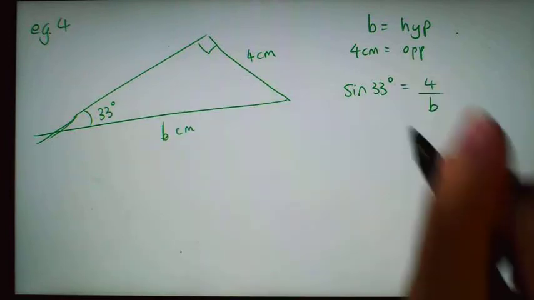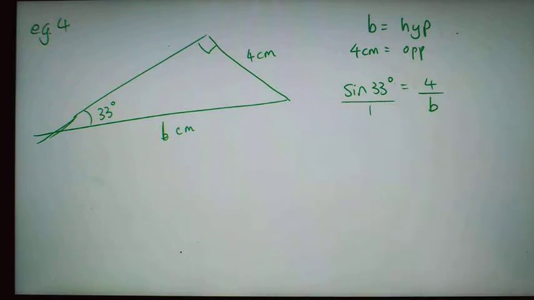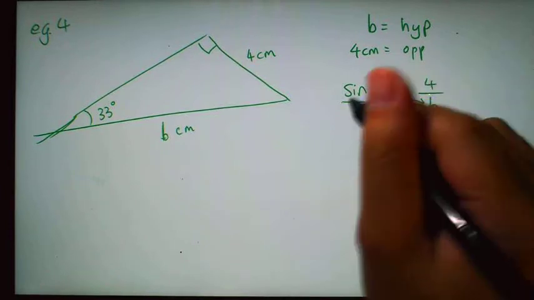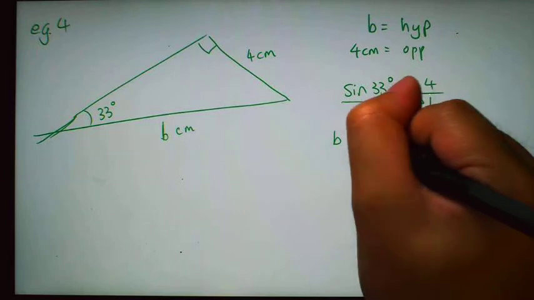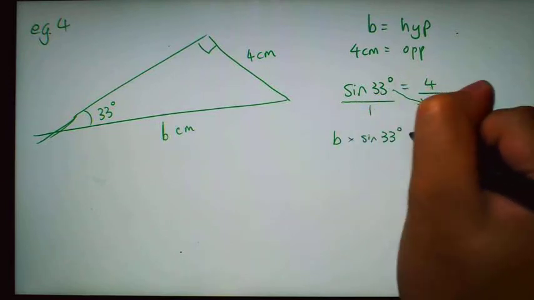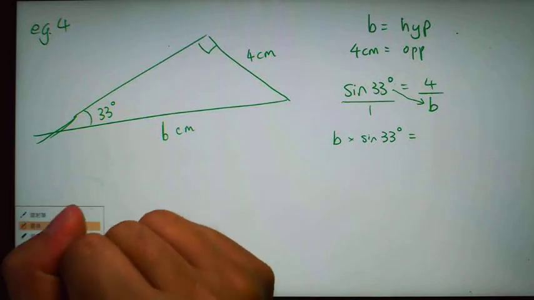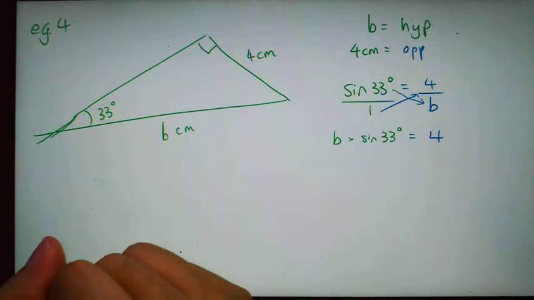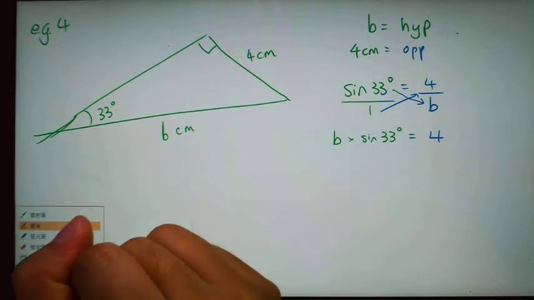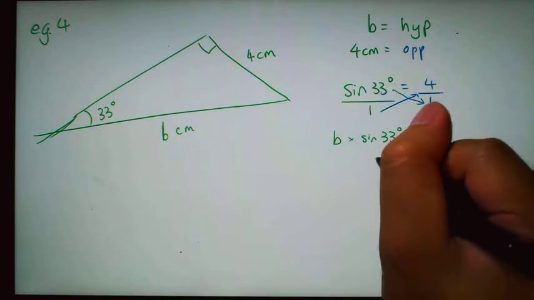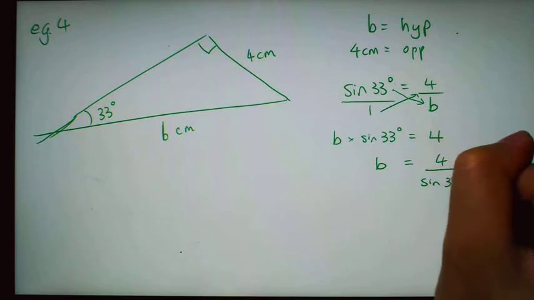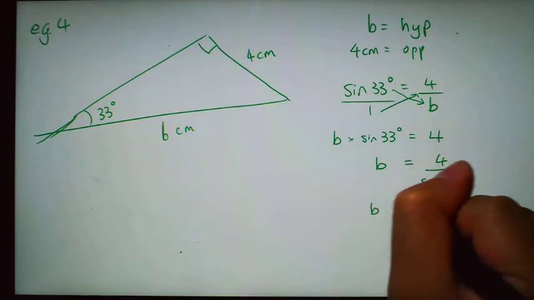Don't worry about it. Doing algebra, remember what we learned about the cross multiplication. B times sine 33 degrees equals 4. Alright, so we've got B equals 4 divided by sine 33 degrees.